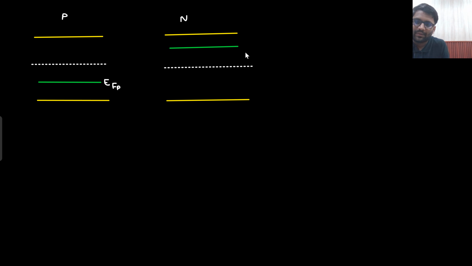This was my EFP, this was my EFN, right? What was your V built-in? V built-in was just simply the addition of these two guys. Basically, this was my V built-in, right?